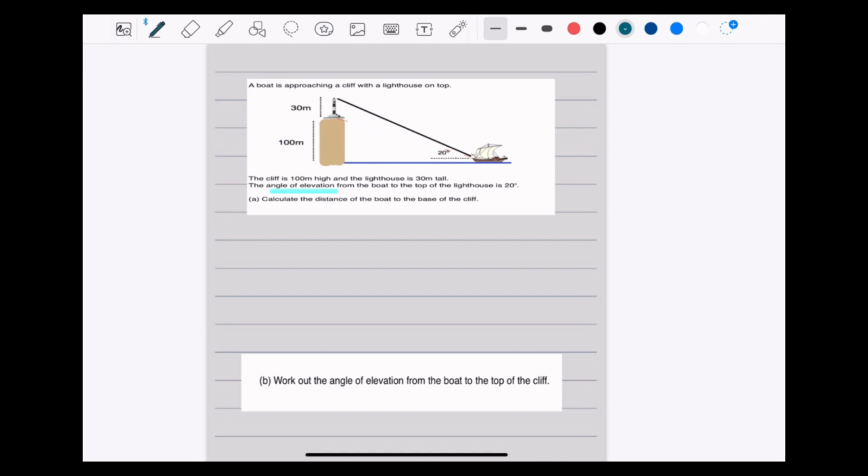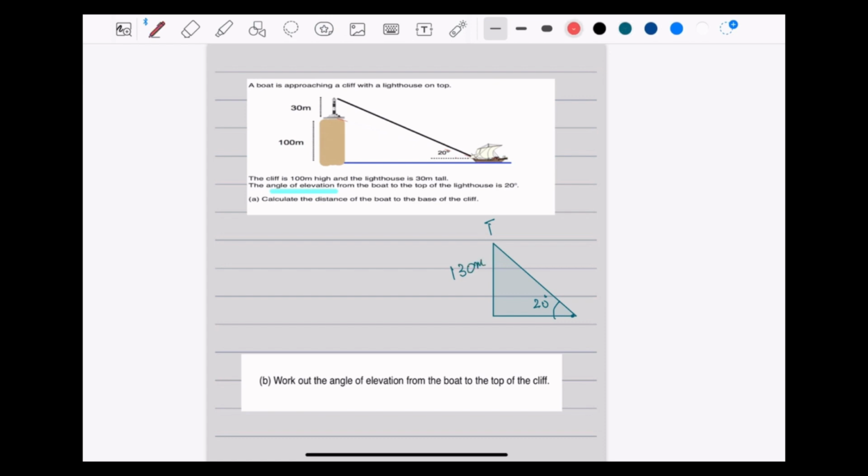So let's make a rough diagram. This is the height of the tower. This is where the boat is, and the distance between the boat and the foot of the cliff, we need to find that out. And this is the angle of elevation. He has to elevate 20 degrees in order to view the top of the tower, which is 130 meters.